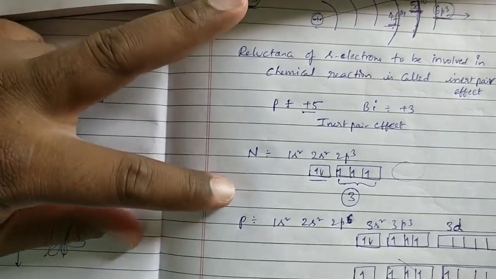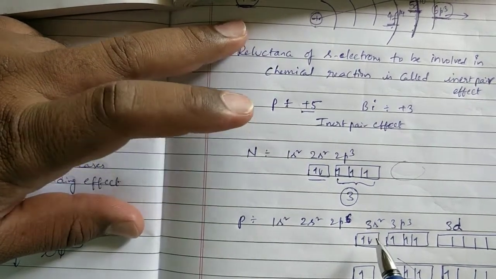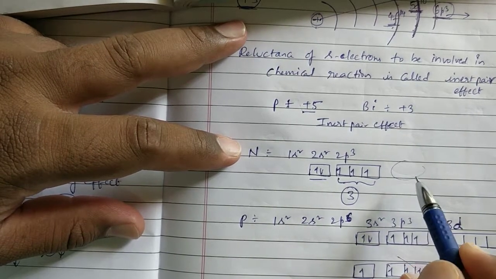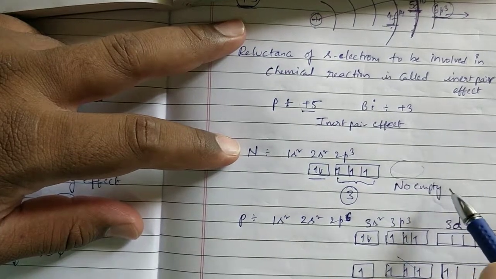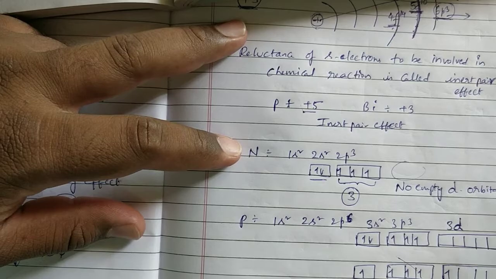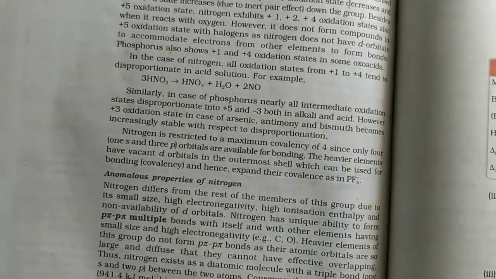5 unpaired electrons can be involved in bond formation with highly electronegative atoms to show +5 oxidation state. In this way, phosphorus is able to show oxidation state 5, but nitrogen is not able to show oxidation state 5 because of no empty d orbitals. As there are no empty d orbitals, it is not able to show higher oxidation states.